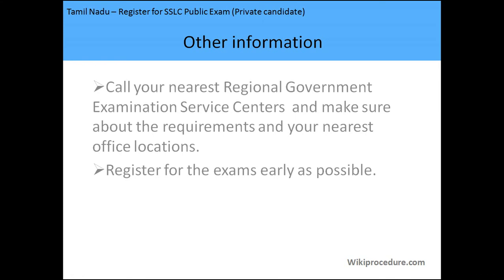As I said, if you want to sit in the March April session, you have to register by June of the previous year. If you want to sit for March April 2017, you have to register on or before June 2016.